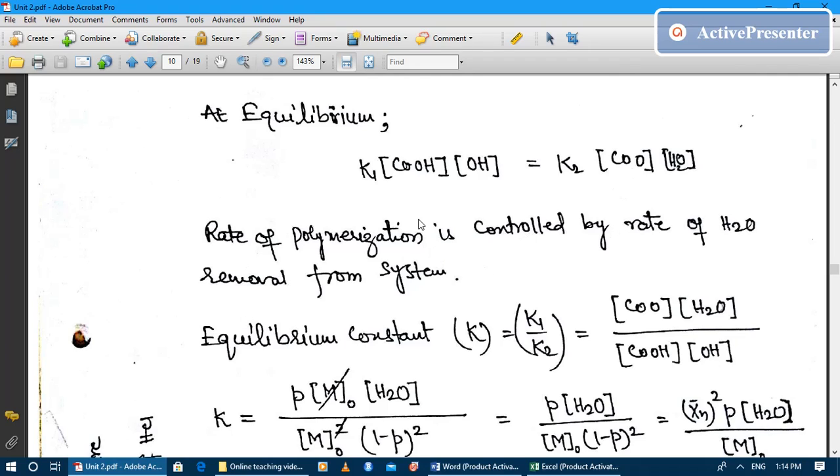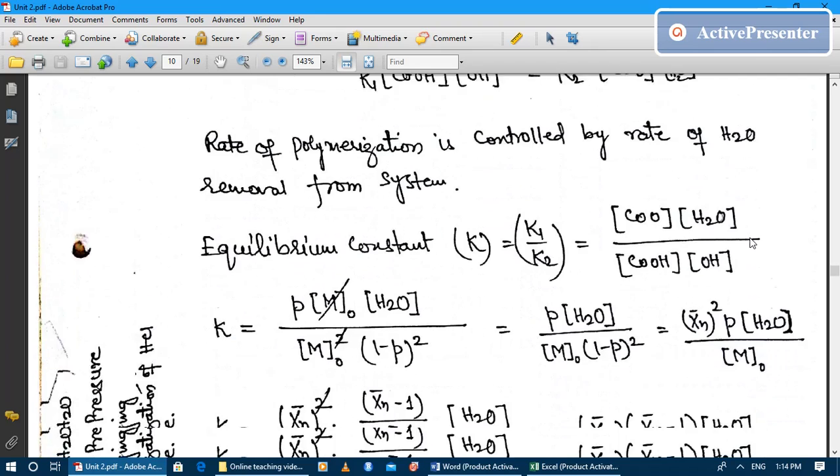The rate of polymerization is controlled by the rate of water removal from the system, because the more quickly we remove the water from our reactor, the equilibrium will shift towards the product direction and more product will form. So the rate of polymerization depends upon the rate of water removal from the reactor.